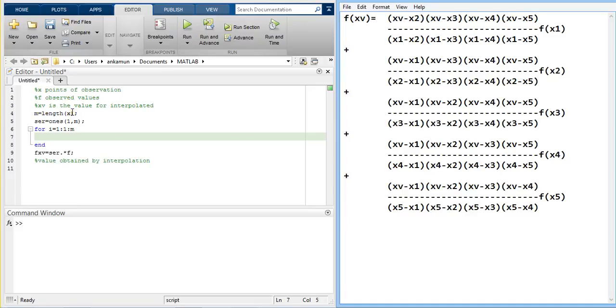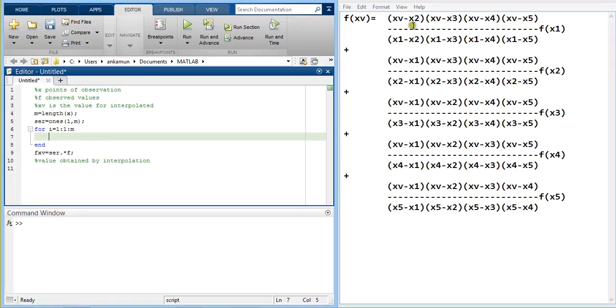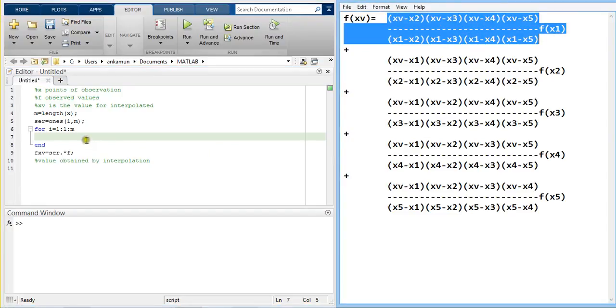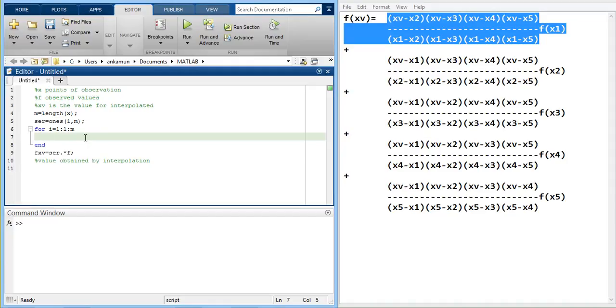This should be the same as the number of elements in f. So I have 1, 2, 3, 4, 5 terms in my formula. So I can use a loop which runs from 1 to m and calculates this term one by one. So this is my ith term. I will specify a comment.